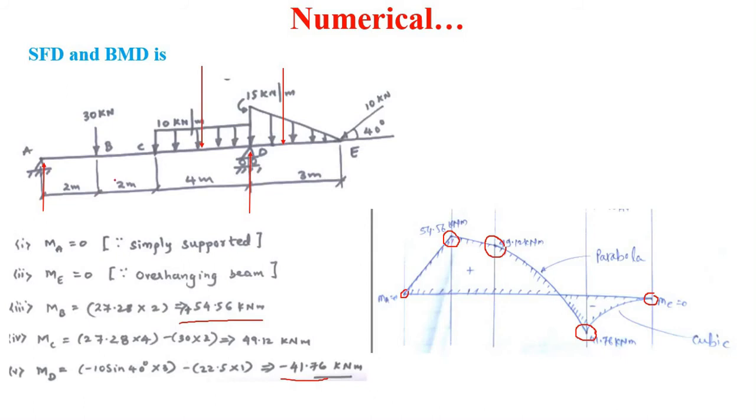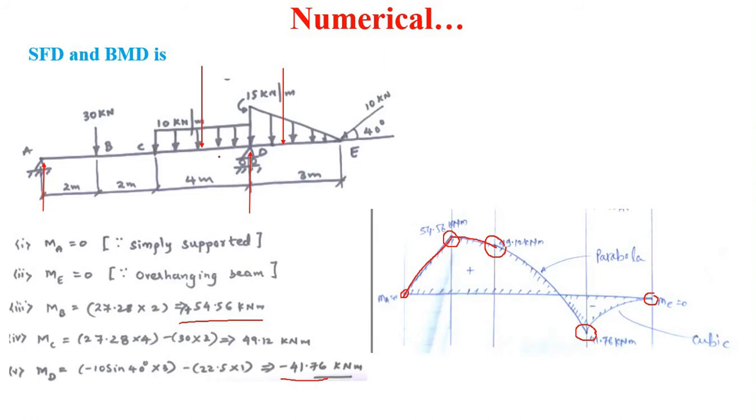Okay, and now join all these points. From A to B, the shear force is constant, so the bending moment will be a straight line here. Join these by two straight lines. Again from B to C there is no additional load, so shear force will be constant here, so the bending moment will be a straight line.